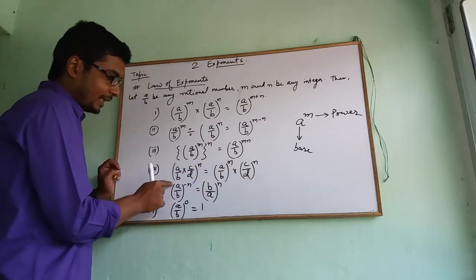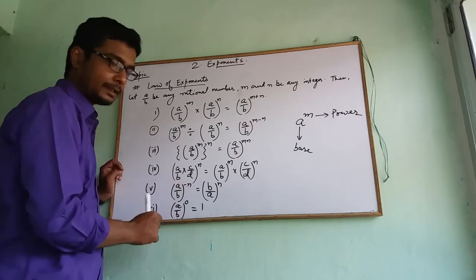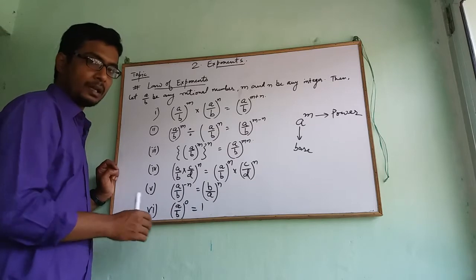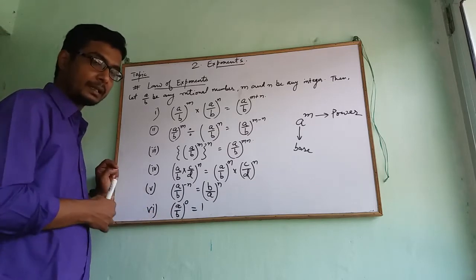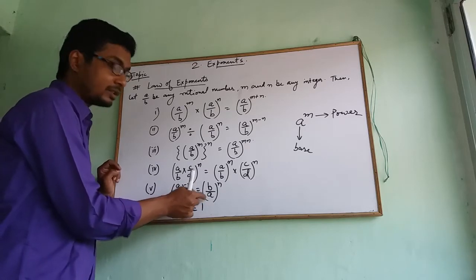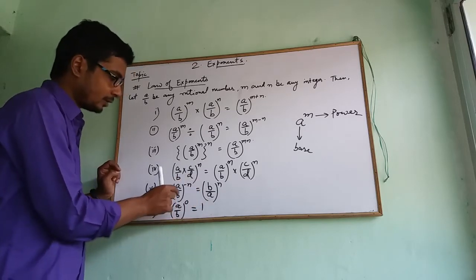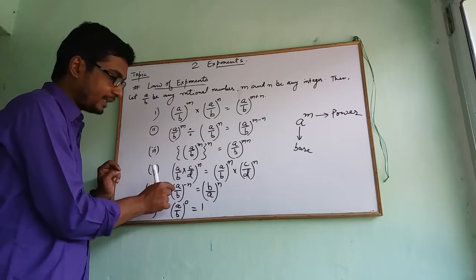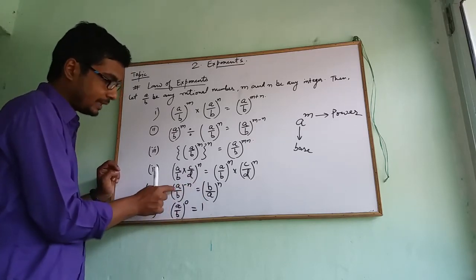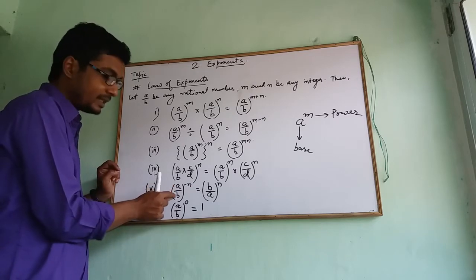Here also, (a/b) power minus n. If there is a minus in the power, then, as we have already studied in earlier classes in rational numbers, it gets inversed, it gets reciprocated. So the denominator becomes the numerator and the numerator becomes the denominator. Here you can see a is the numerator and b is the denominator.